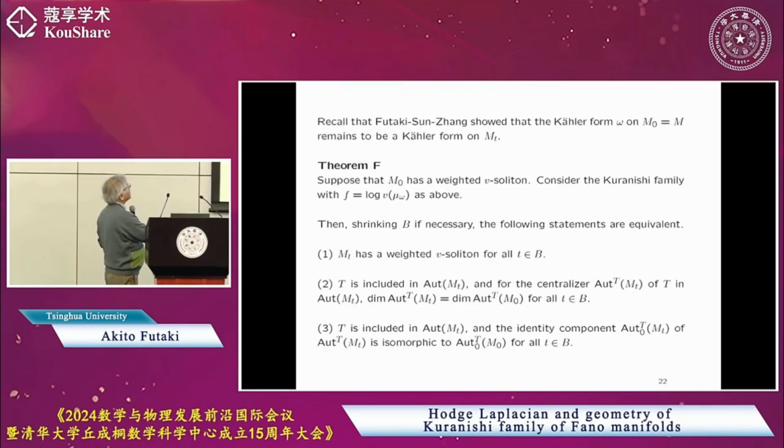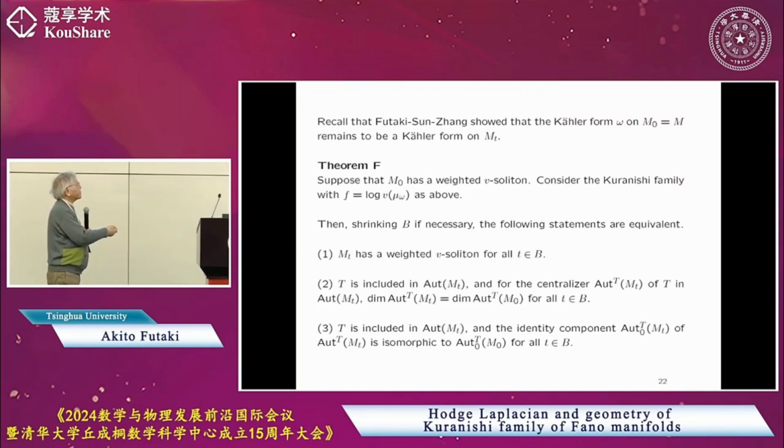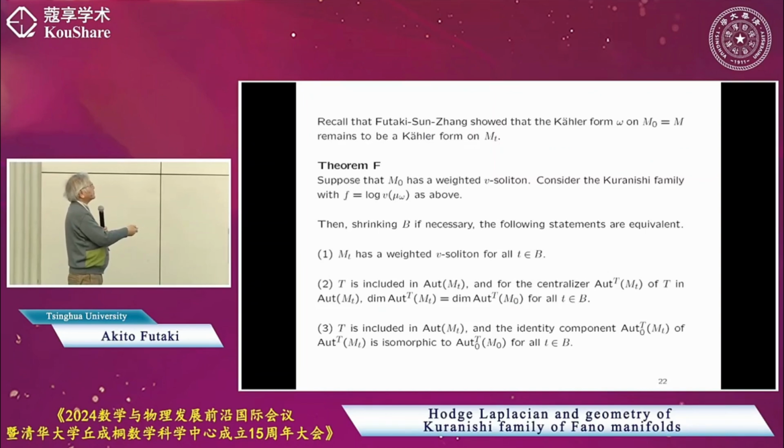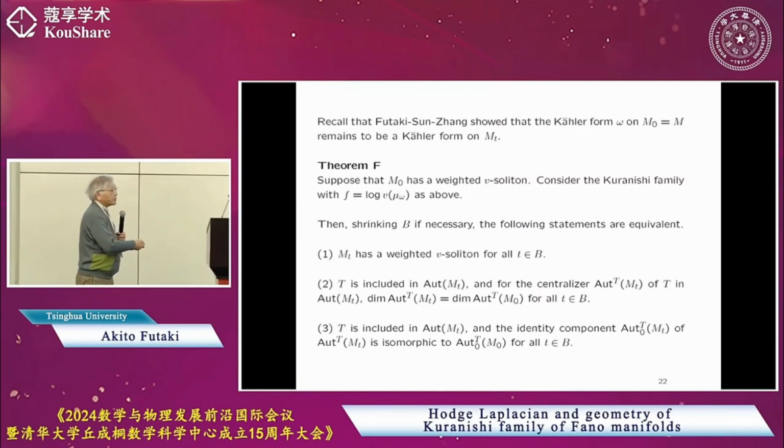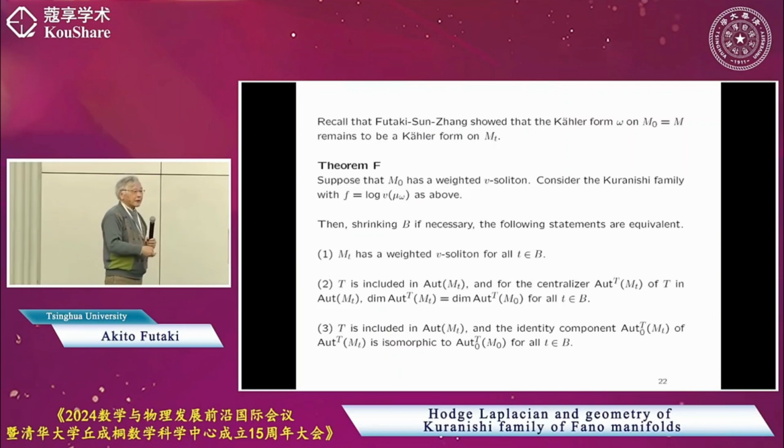The starting point is the following equivalence. If M0 has a weighted V soliton, then nearby Mt still has a weighted soliton if and only if the dimension of the T-equivariant automorphism group does not change. But this is also equivalent to the T-equivariant automorphism groups being isomorphic.